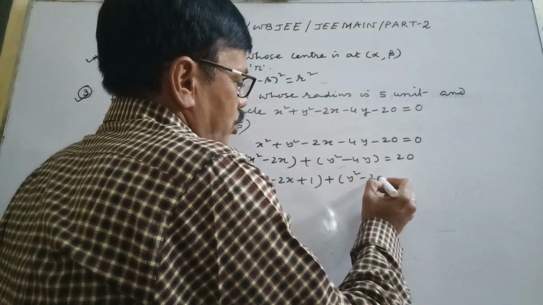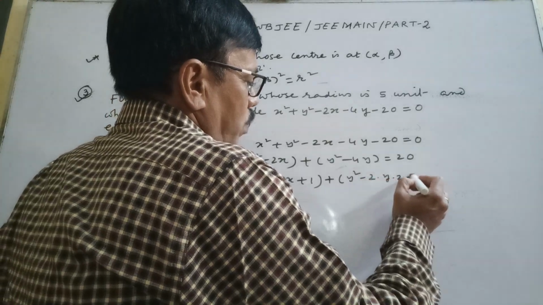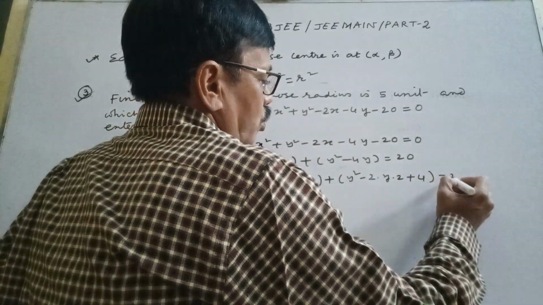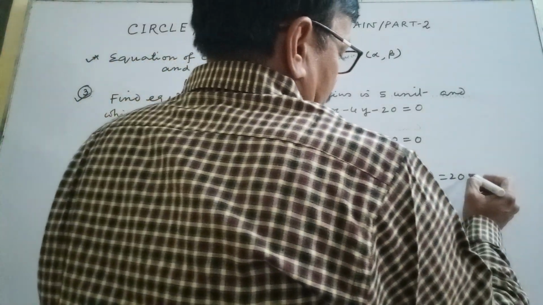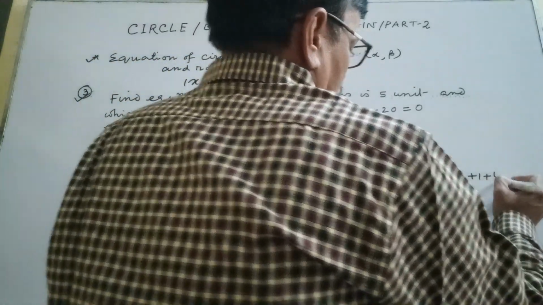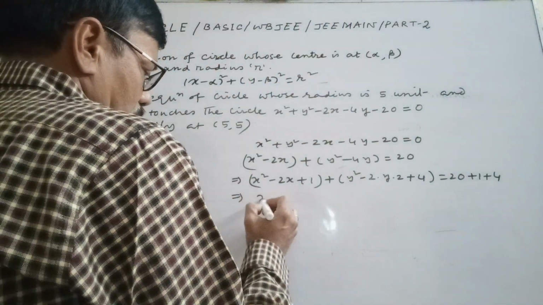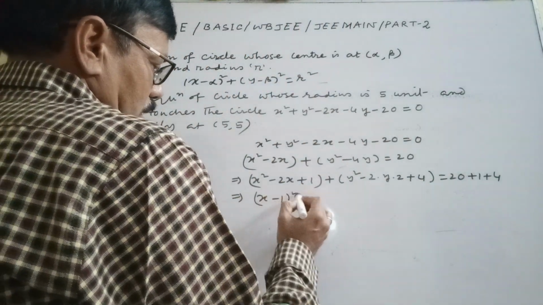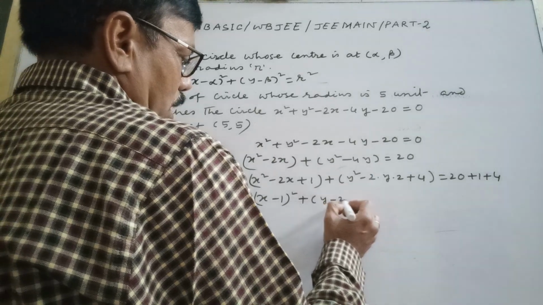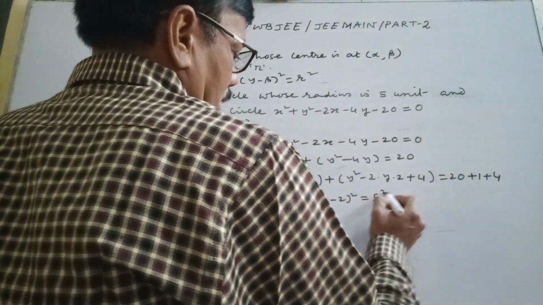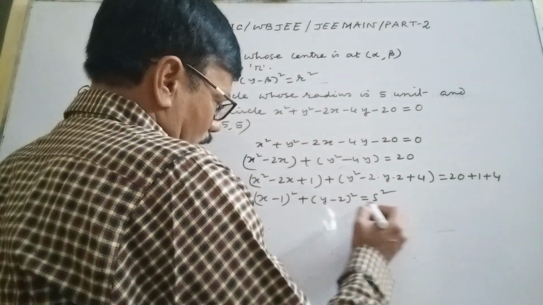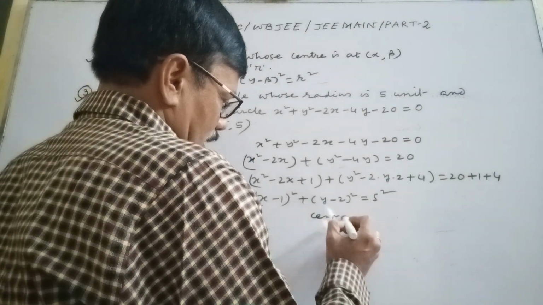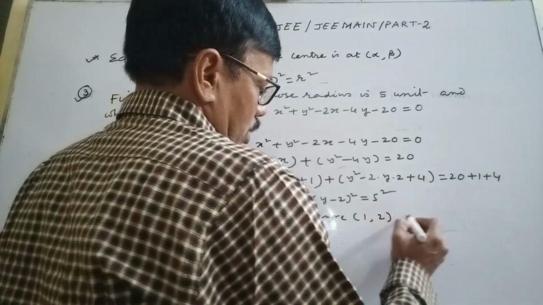So y square, 2 into y into 2, plus 4. So 20 plus 1 plus 4. So to make it perfect square, x minus 1 whole square, y minus 2 whole square equals 5 square. So radius is 5 and center is (1, 2).